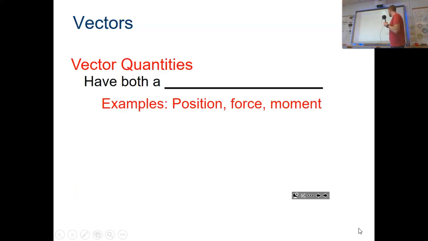First thing that we need to know is that forces are a vector quantity. And a vector means that it's got both a magnitude and a direction. So how big and in what direction?